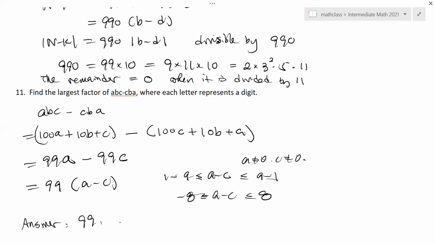Find the largest common factor, the common factor of all those. We call it the largest common divisor. Largest common divisor, 99. Okay.